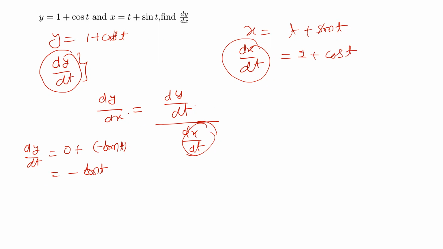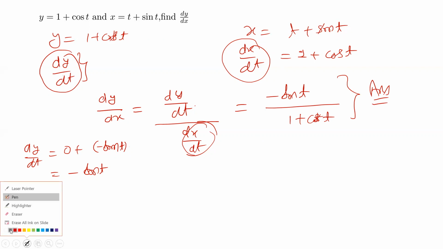Then we find dy/dx. Then dy/dt over dx/dt is minus sin t by 1 plus cos t. Okay, this is also correct, but we can find another form.